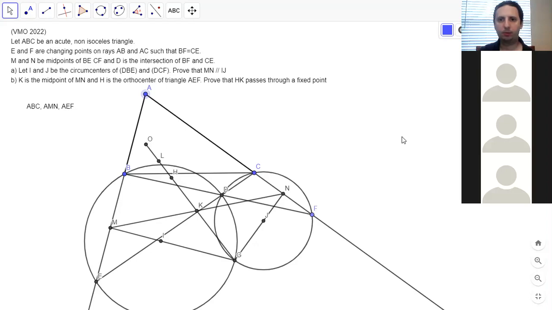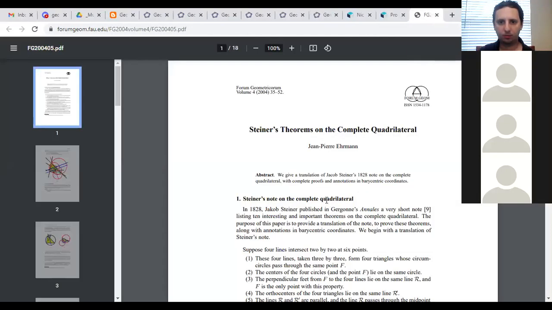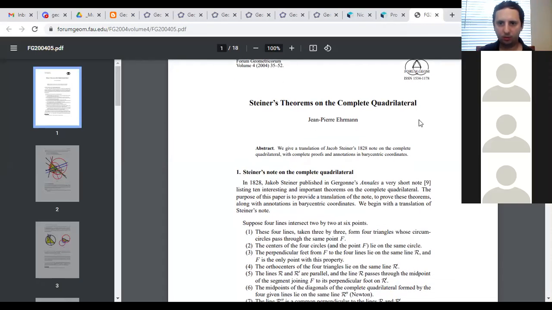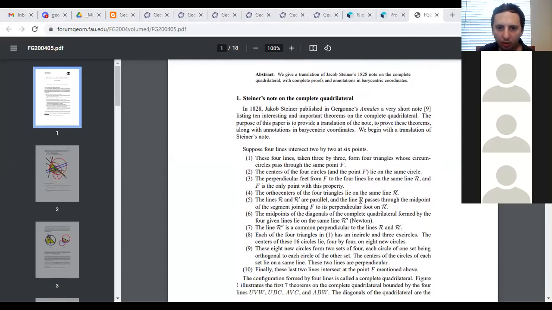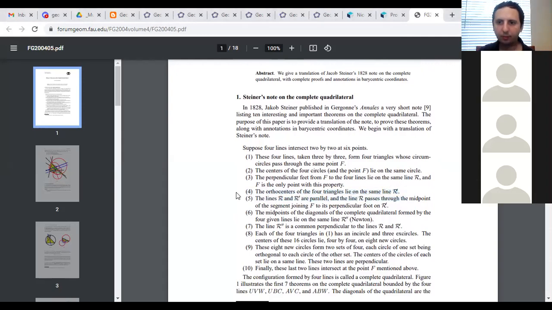Okay, let me read through this theorem one more time. Sorry. So I guess this is the orthocenters lie on the same line. Okay, so this is the Miquel point. It's the first one. The centers of the four circles lie on the same circle. The perpendiculars from F. Okay, so it's like property 3. What are the four?